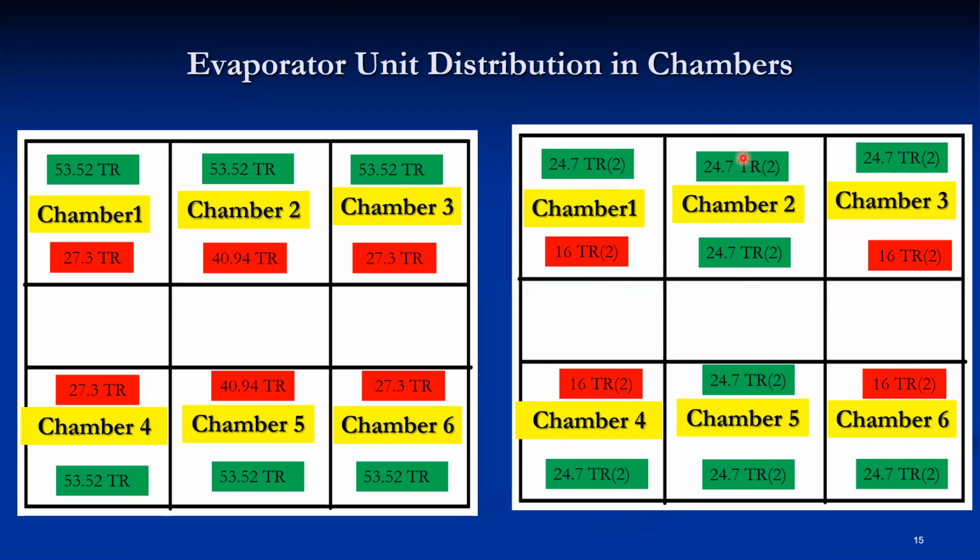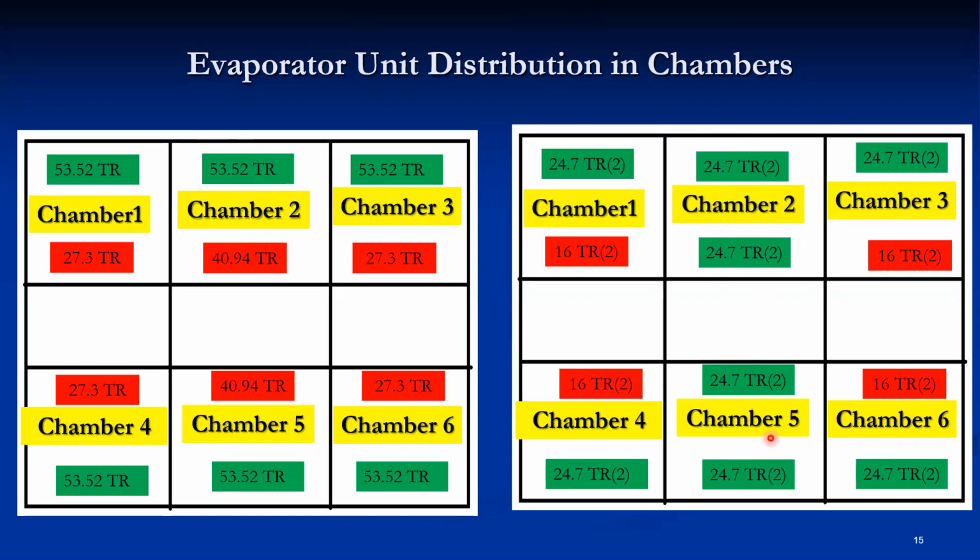Here the load is comparatively high, because if we see, it is around 100 TR load, and here the load is around 90 TR. So 10 TR extra, but obviously slightly oversized evaporators will do, because by controlling the refrigerant we can control the capacity as well.